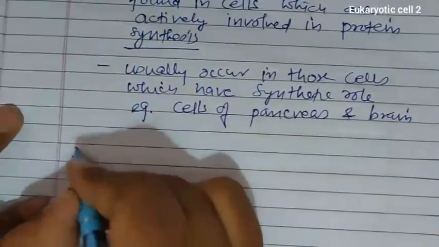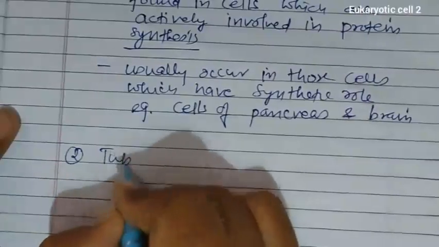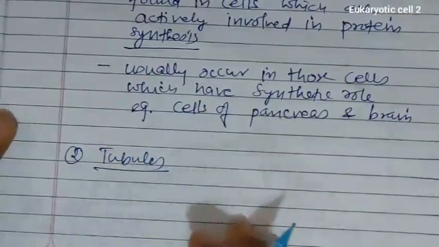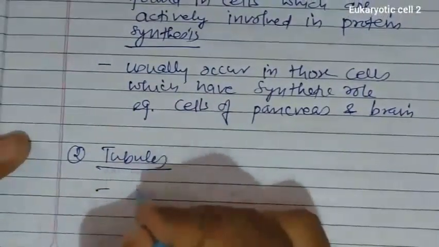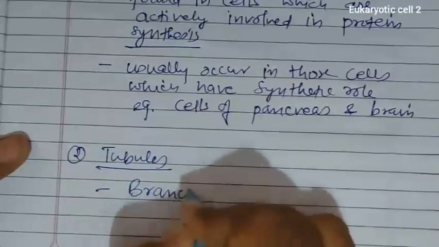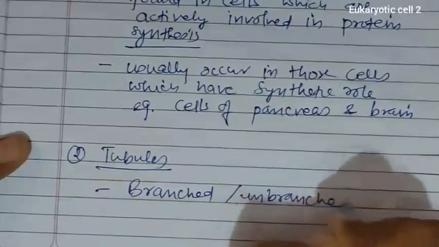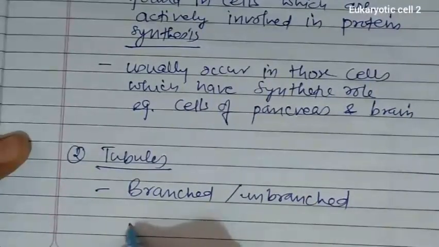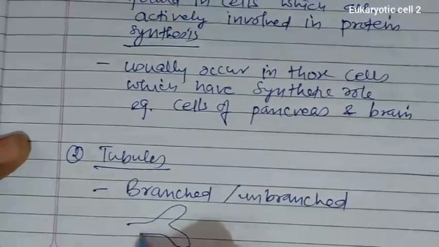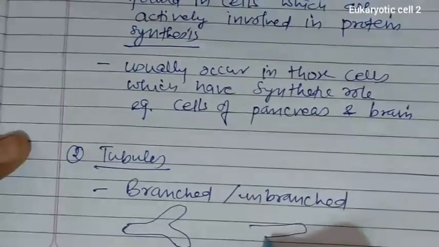Second structural component is tubules. These tubules are branched or unbranched. You can see like this structure. That is a branched tubule and this is the unbranched tubule.